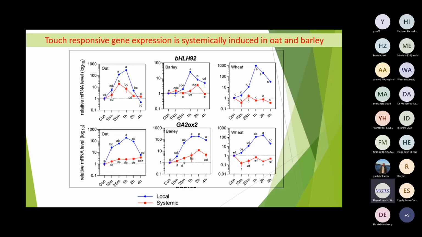We can still see an increase in accumulation of transcript of this gene after 10 minutes and 25 minutes. It means that touch signaling can be transmitted from the local leaf to the neighboring leaf.